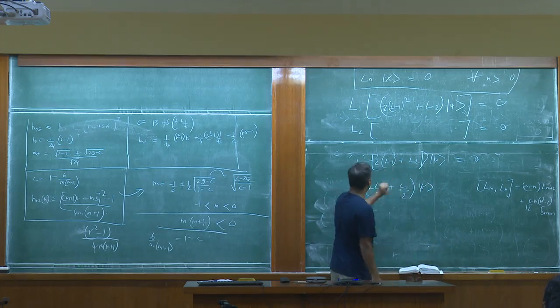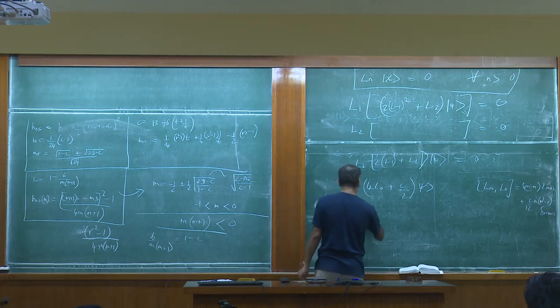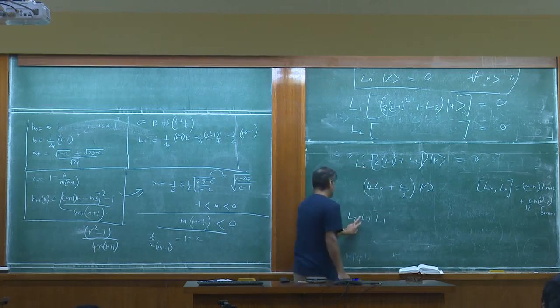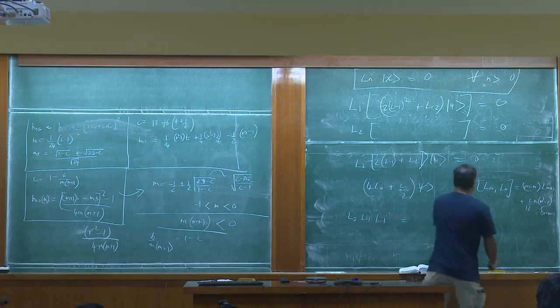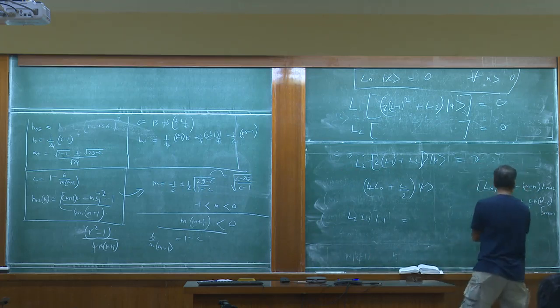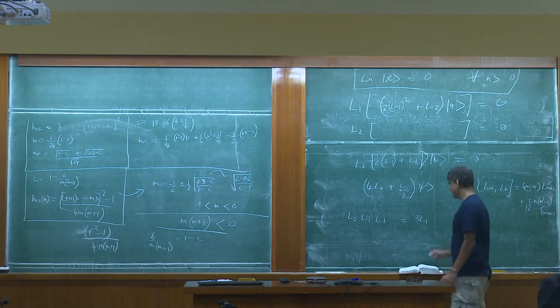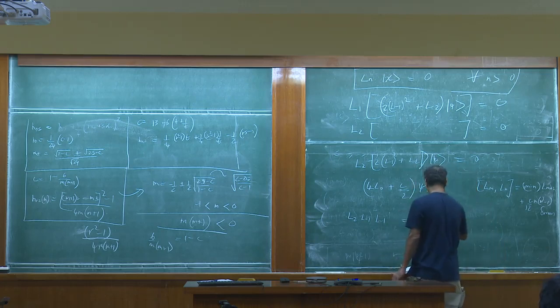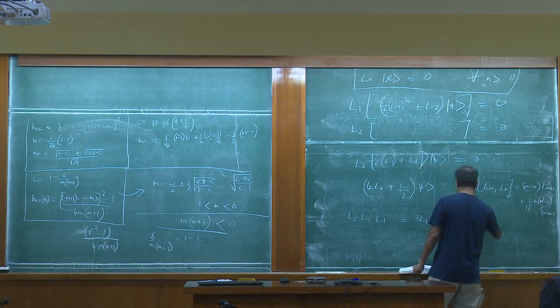Okay, now what do we get when we take this guy through? Okay, so we have L2, L minus 1, L minus 1. Let's first take L through to L minus 1. So this is equal to the commutator, so this is 3L1 L minus 1 plus L minus 1 L2 L minus 1.